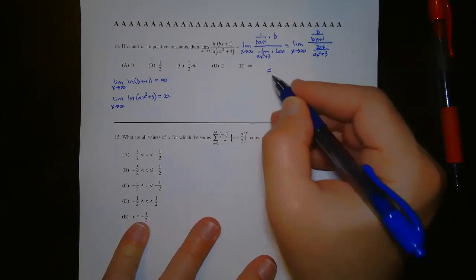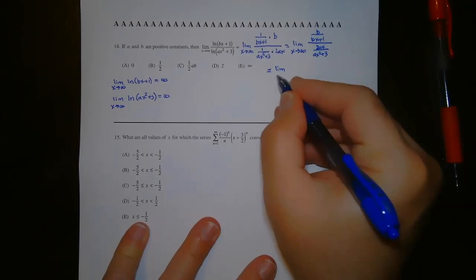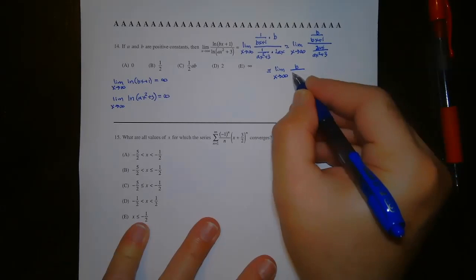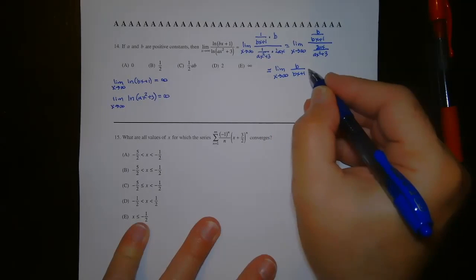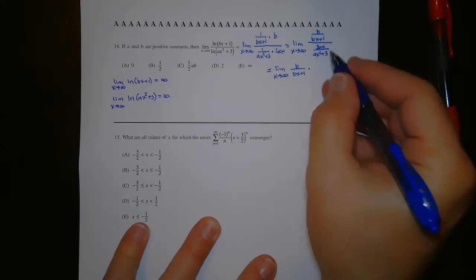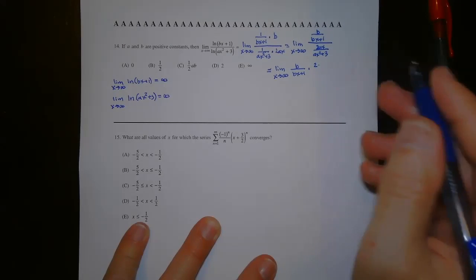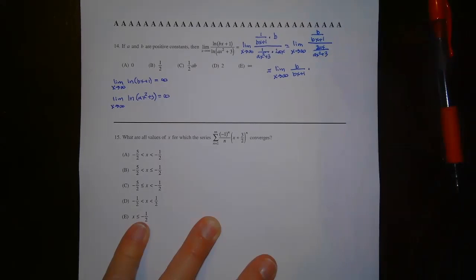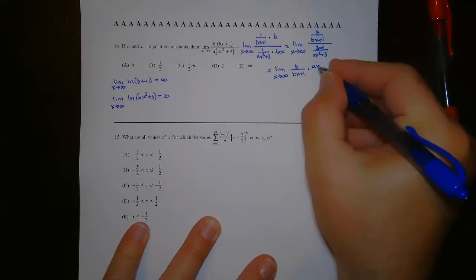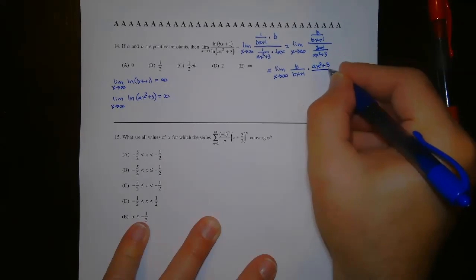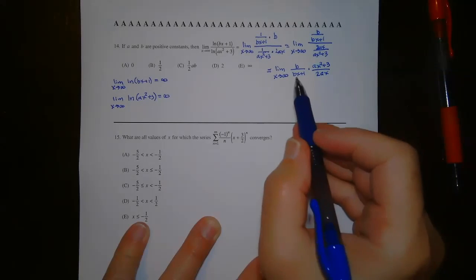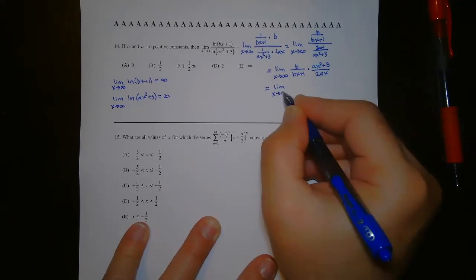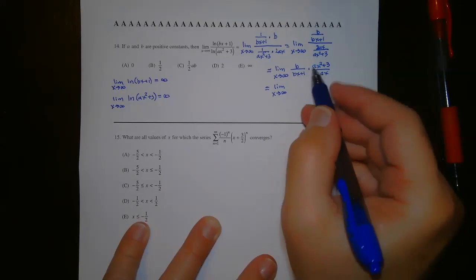That would be equivalent to the limit as x approaches infinity of b over bx plus 1 times, and I'm dividing by this fraction, so it's going to be the reciprocal, ax squared plus 3 over 2ax, okay?